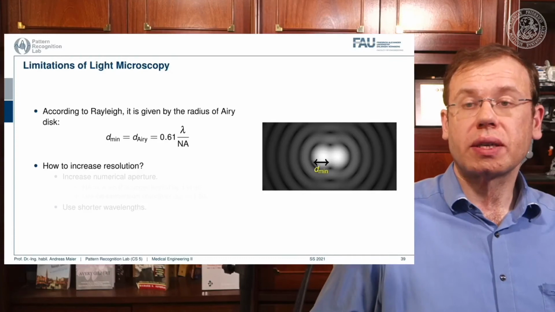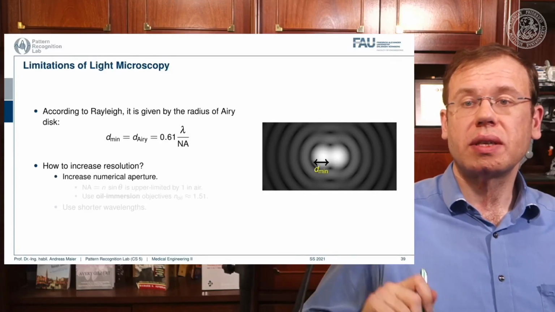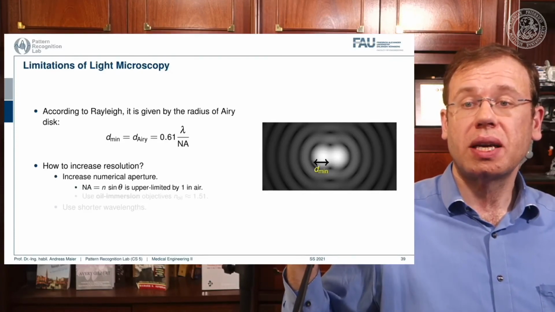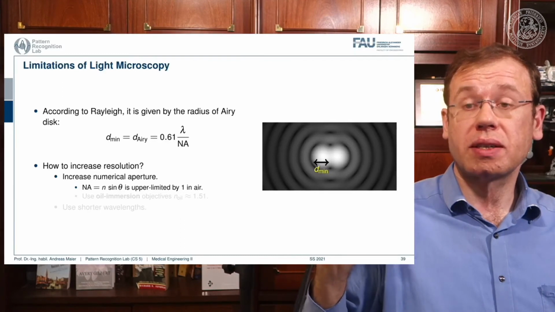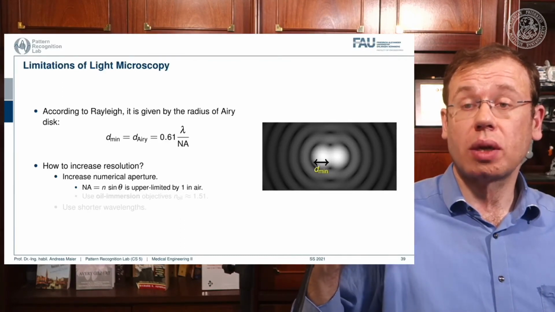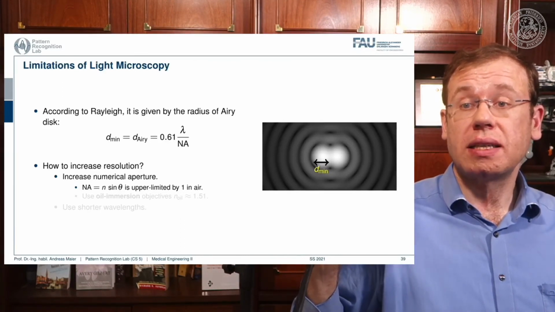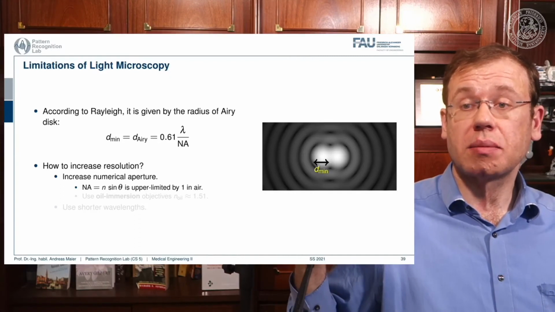Well, how could we increase this resolution? Well, we could increase the numerical aperture. We see here that the numerical aperture has an upper limit of 1 in air because n is approximately 1, and of course the sine can also be maximally 1.